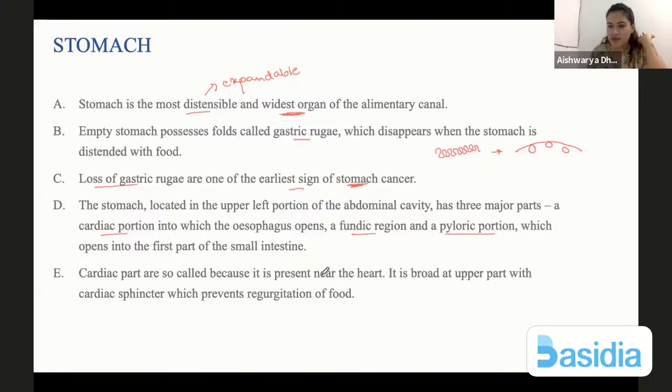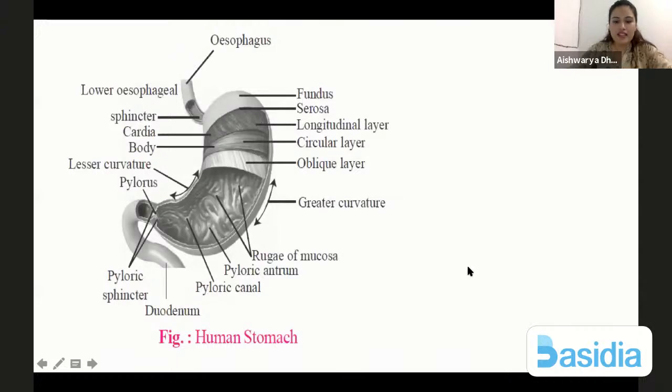It does not have cardiac muscles or anything. It is just because of the location. And the upper part is broad so that there is no regurgitation of food. That means the food cannot go back, okay, once it has entered the stomach. So this is like a quick overview of the structure of your stomach.